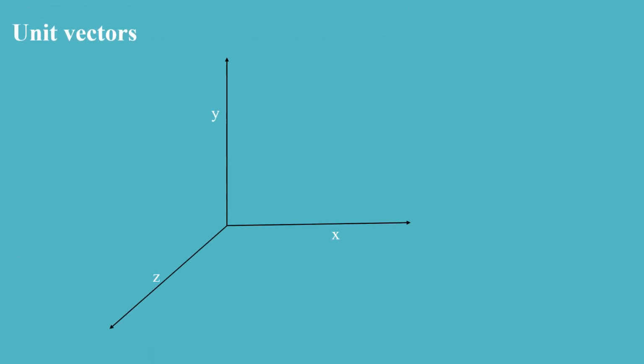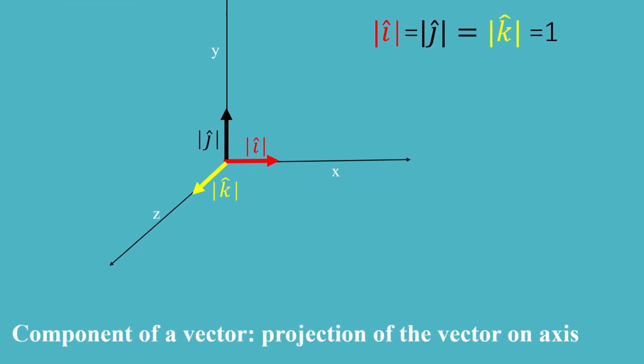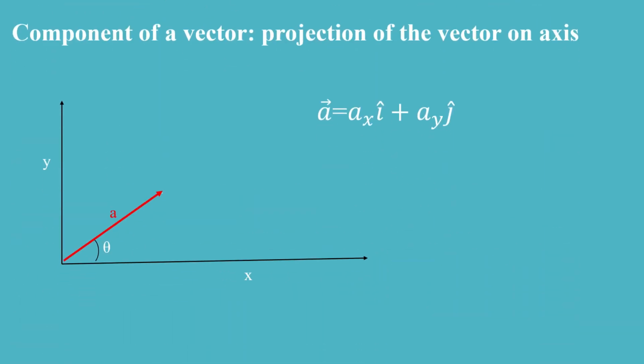In the previous video, I talked about the unit vector that has a magnitude of 1. The reason we're using the unit vector is to show the direction of the vector, because a vector must have a direction, right? And I also showed you that if we have a vector A, it can be described as AX and AY, in the X and Y directions.